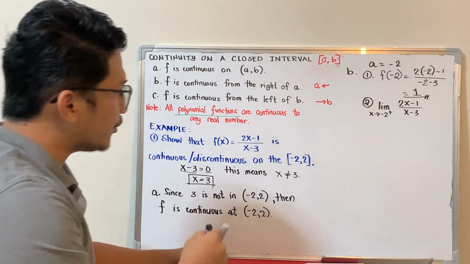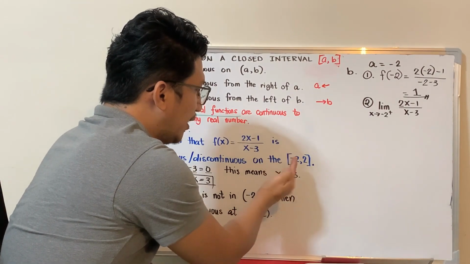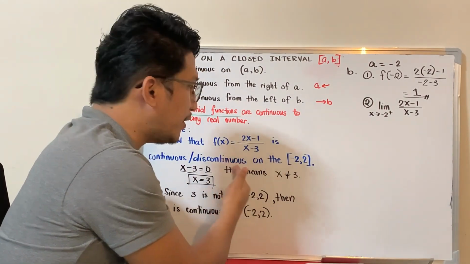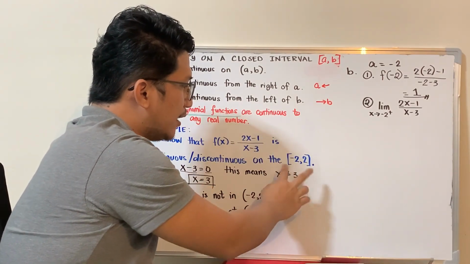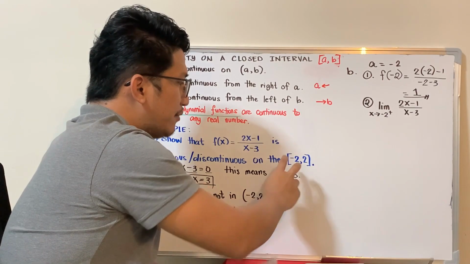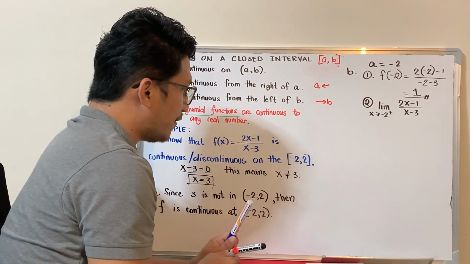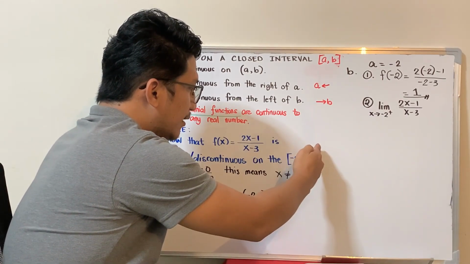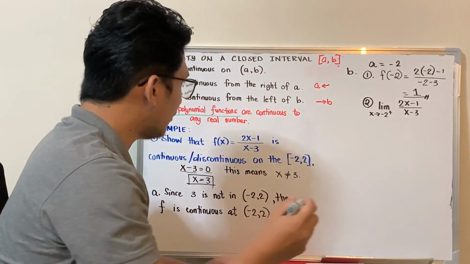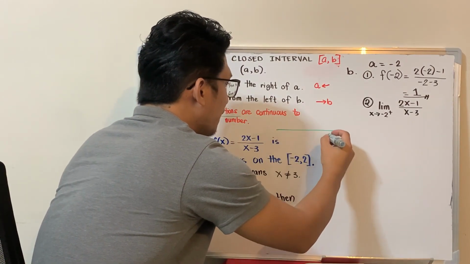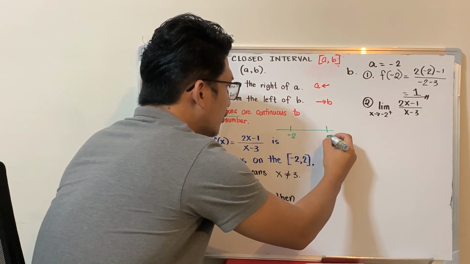Why are we concerned only with the right? Because our interval does not include the left of negative 2, so not negative 3 or negative 4. We are only concerned with this closed interval. On the number line, we are concerned only from negative 2 to positive 2.